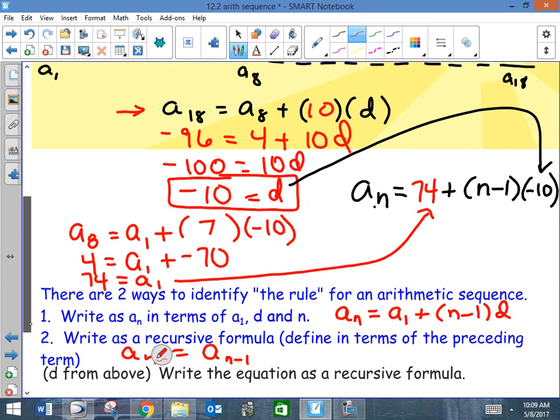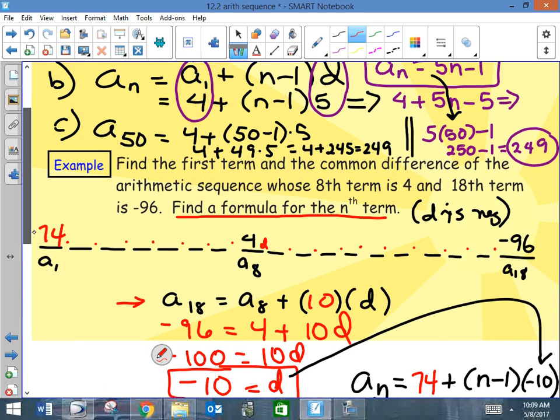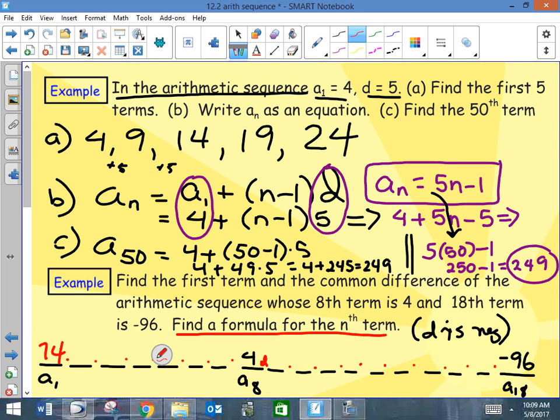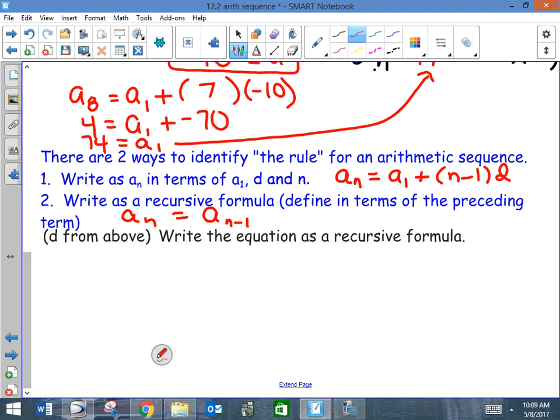I decoded this formula. What's the recursive formula? I just added a D to the problem, is what I'm saying. Plus 5. Right, because that's how you get the next one.